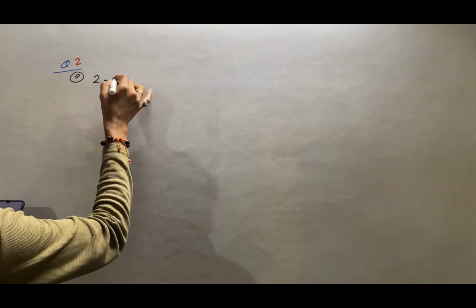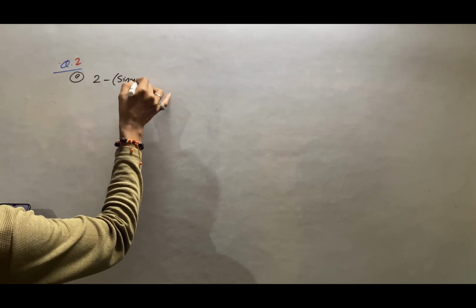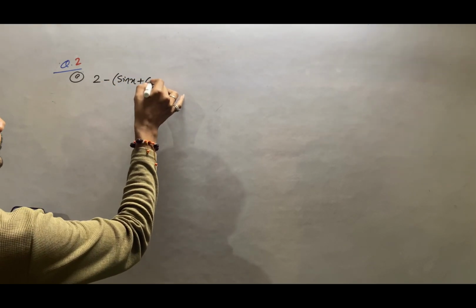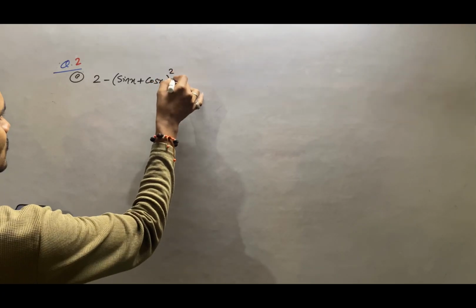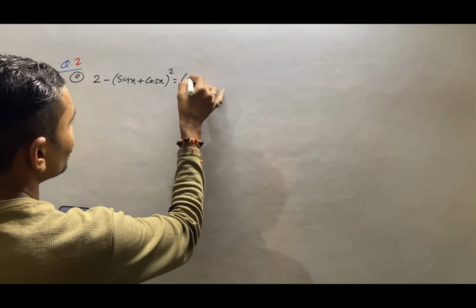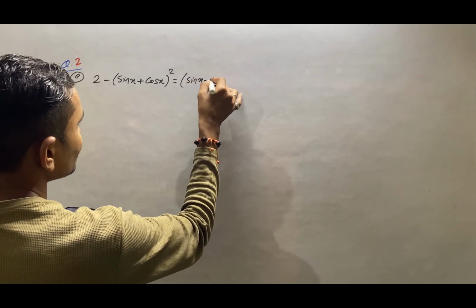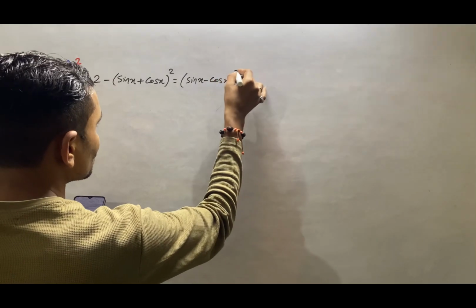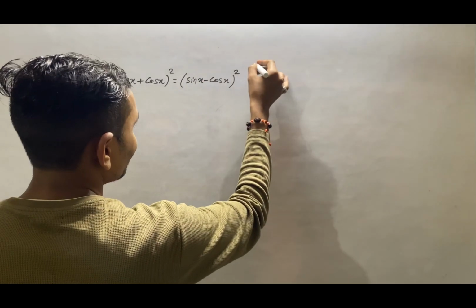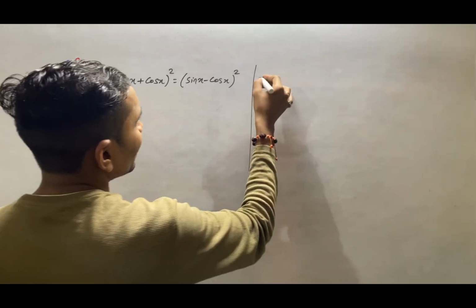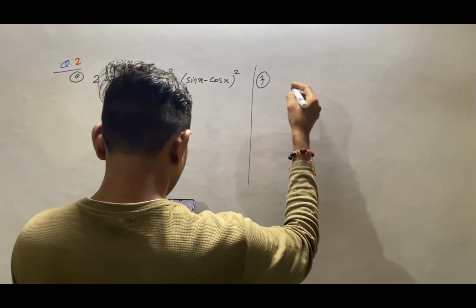2 negative sine x plus cos x the whole square, and here we have to prove sine x negative cos x the whole square, and with this I will write f as well.